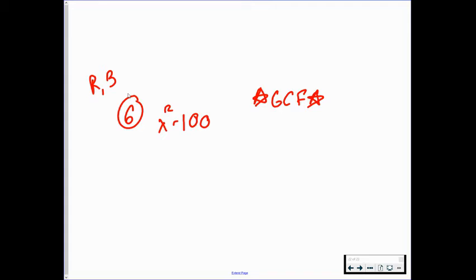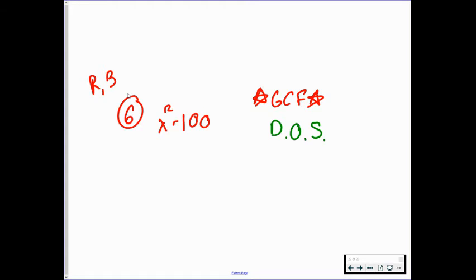But you'll note that there's not one here because they both don't have an x in common, and they both are not divisible by any other term except for 1. So no GCF. Now we think back to our factoring strategies. This one just so happens to be a difference of perfect squares.